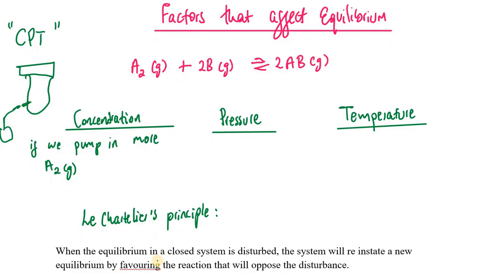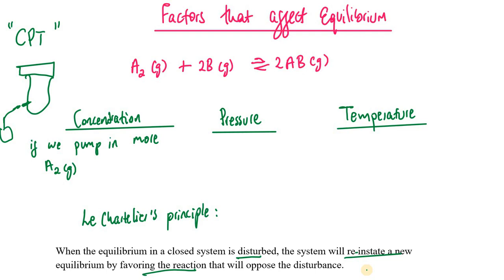It says when the equilibrium in a closed system is disturbed, the system is going to reinstate a new equilibrium by favoring the reaction that will oppose the disturbance. So it's 3 things that are happening. The system is being disturbed. What does it do? It reinstates a new equilibrium by favoring the reaction that will oppose the disturbance.